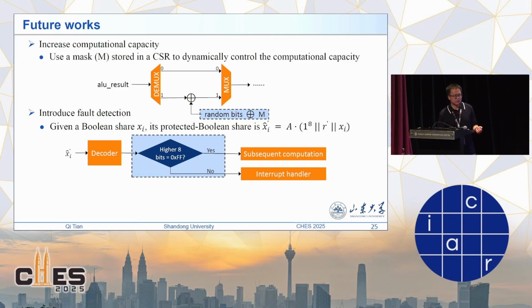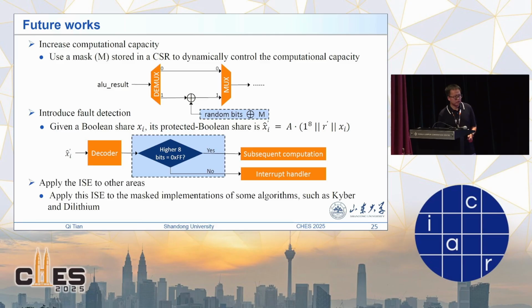During execution, if the decoded high 8 bits are not all ones, the interrupt program will be executed. Finally, we could apply the ISE to other algorithms, for example, some masked implementations of algorithms such as Kyber and Dilithium.